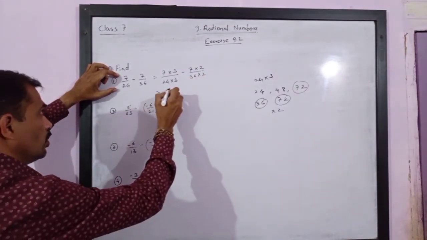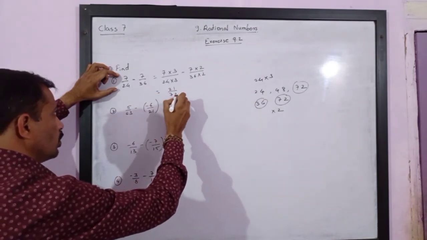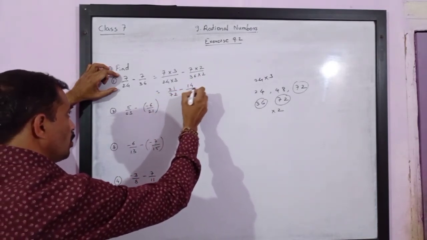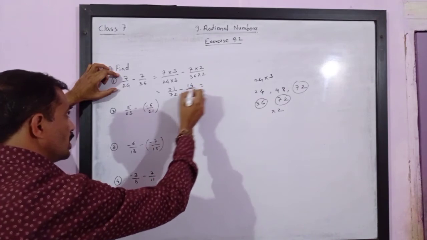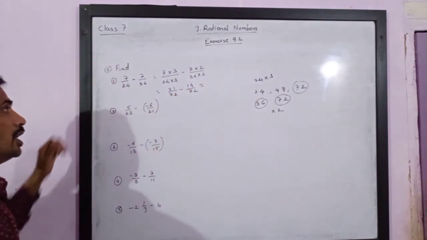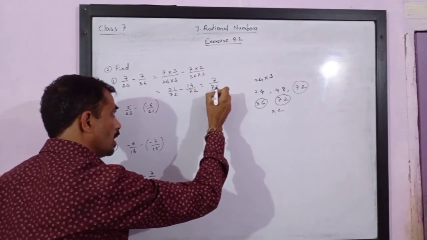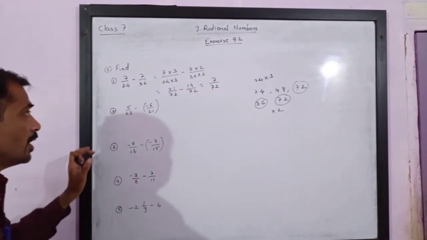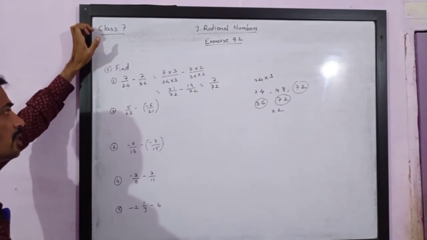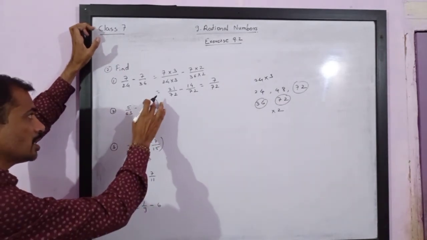So this is equal to 21 upon 72 minus 14 upon 72. So answer is 21 minus 14 is 7. Denominator we keep as it is. So denominator is 72. Next fraction is 5 upon 63 minus 6 upon 21.